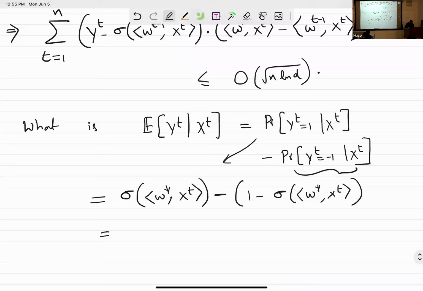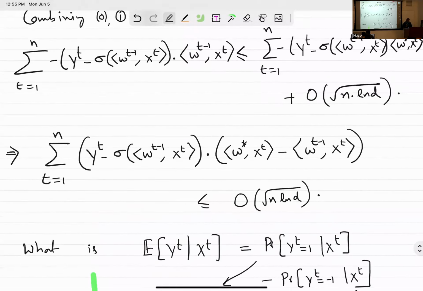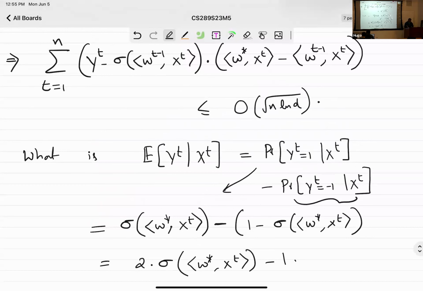So what you end up with is 2 times sigmoid of <W star, X_t> minus 1. So the expected value of y_t is 2 times sigmoid of <W star, X_t> minus 1. So far, everything seemed to work well, except now if you look at this minus 1, there is a mismatch in terms of this constant, right?